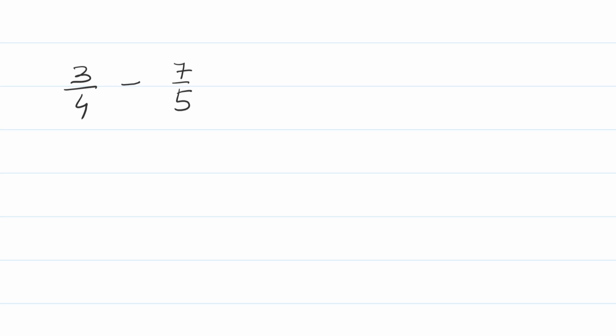Now we will verify closure property of subtraction of rational numbers. We'll find out the value of 3 by 4 minus 7 by 5 and we will confirm that the difference is also rational. Step number 1, LCM. LCM of 4 and 5 is 20. So change base of first number to 20. Change base of second number also to 20.